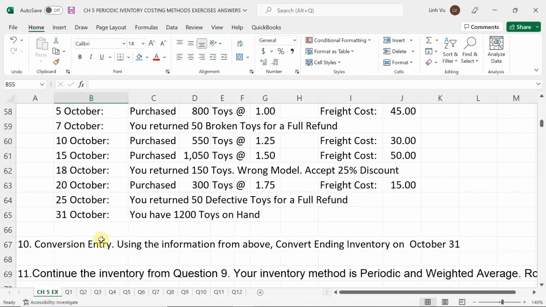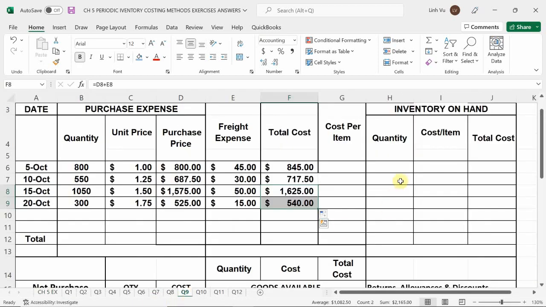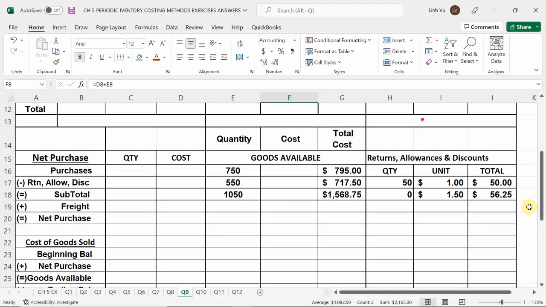And then on October 25th, you end up returning 50 defective toys for a full refund. So in this case, you're returning 50.